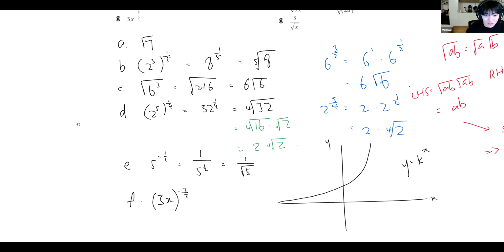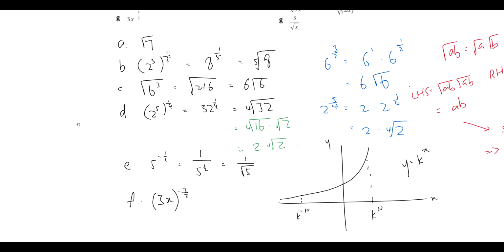It approaches the x-axis, but never really gets to 0. This is when you have k to the power of 10, and this is when you have k to the power of -10. But they always give you a value bigger than 0. Does that make sense? Yeah, I get it. Does anyone else have any questions?